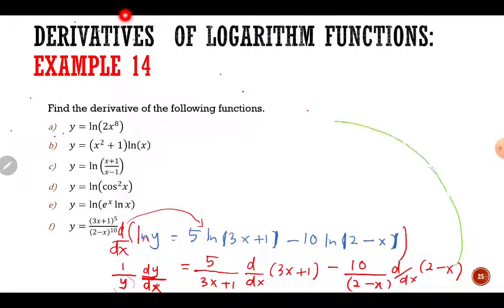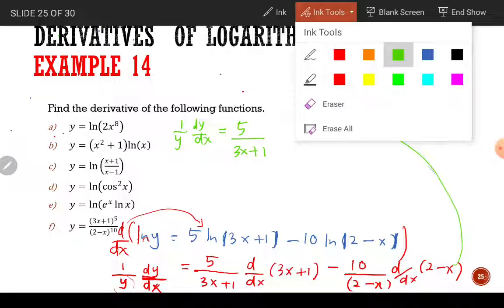Okay, jawapan yang ni maknanya kita ada 1 over y dy over dx sama dengan 5 over 3x plus 1.